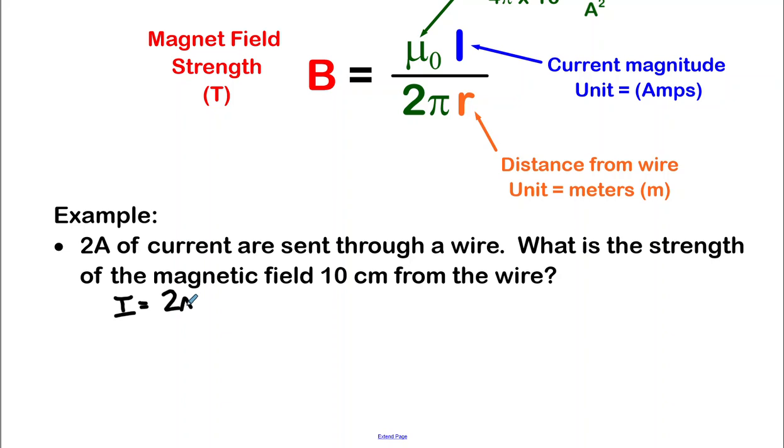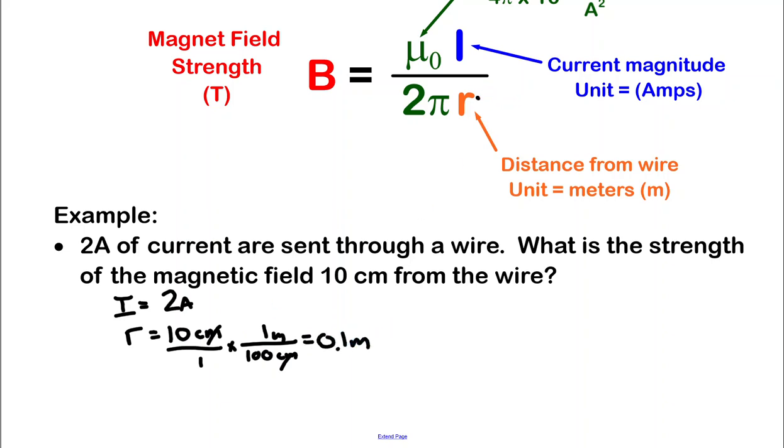The distance R is 10 centimeters, so we measured it with a ruler, but we need that in meters, so we need to convert. There are 100 centimeters in 1 meter, so we cancel that out, and that would give us 0.1 meters.